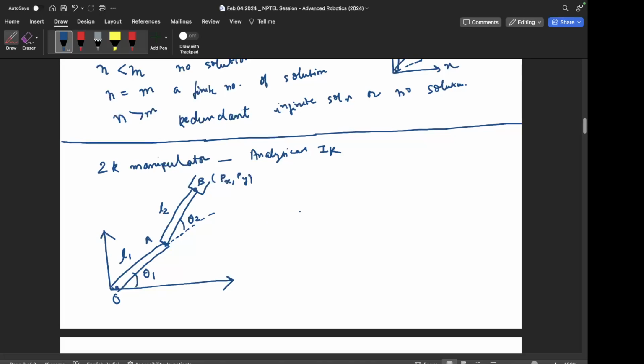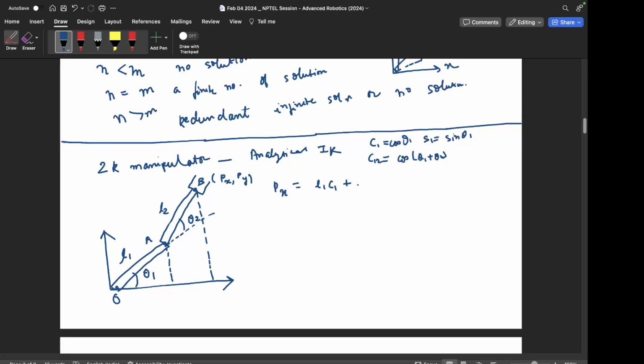Okay, in the previous week's assignment solutions or discussion hour, we have seen how to express Px in terms of the link lengths and the joint angles. So let me just directly write Px is L1 C1, and the notation I will rewrite once again. C1 is cos theta 1, S1 is sin theta 1, C12 is cos of theta 1 plus theta 2, and similarly S12 is sin of theta 1 plus theta 2.